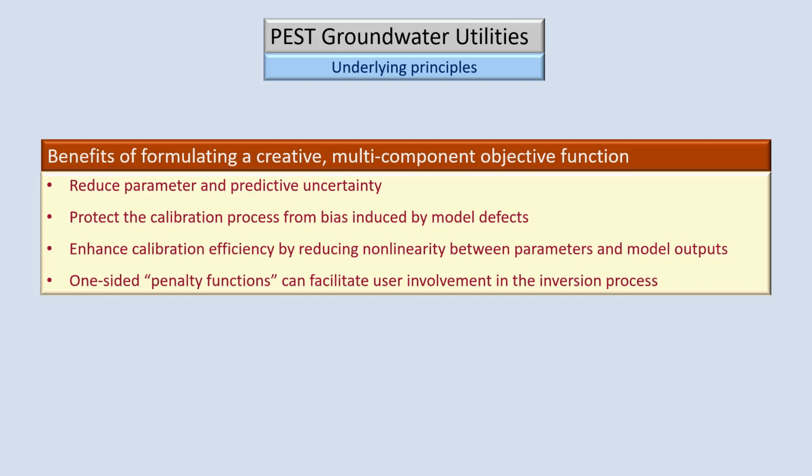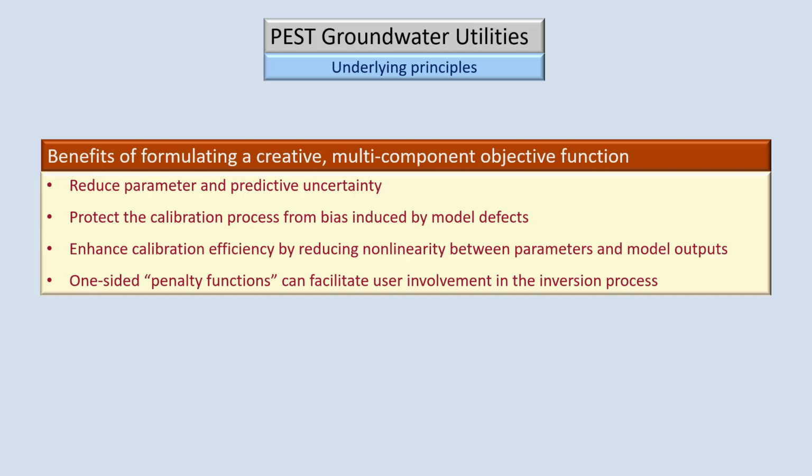As is discussed in other videos, formulation of an objective function that is minimized through the inversion process is often a critical component of attaining a minimum error variance solution to an inverse problem. Hence, these utilities can be used to not just undertake spatial and temporal interpolation from model outputs to the sites and locations of measurements.